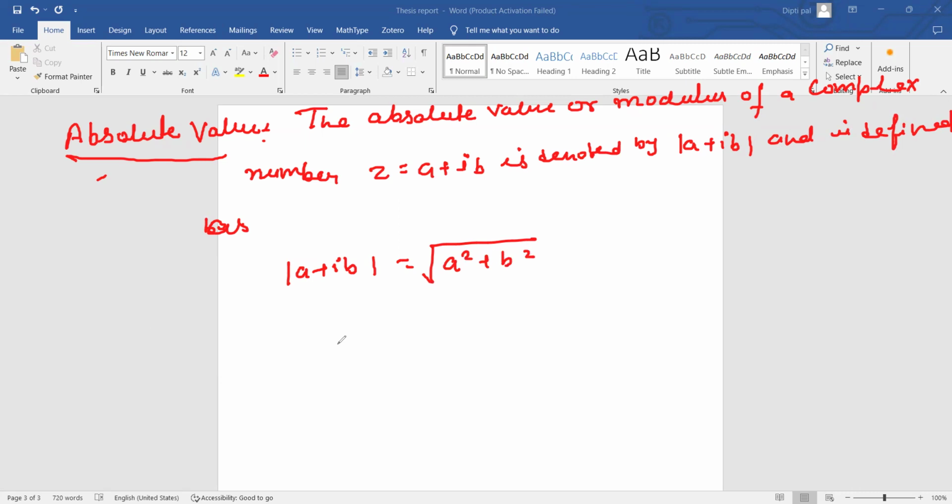So the modulus of z will be square root of a square plus b square. We can also write modulus of z square will be a square plus b square.